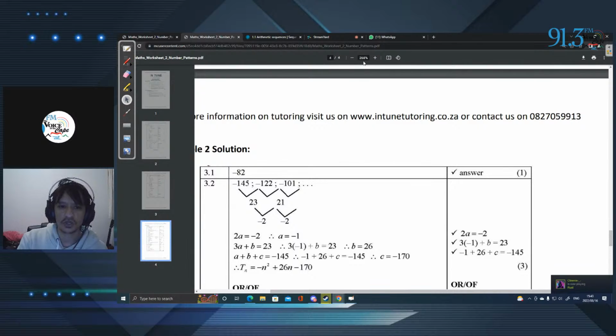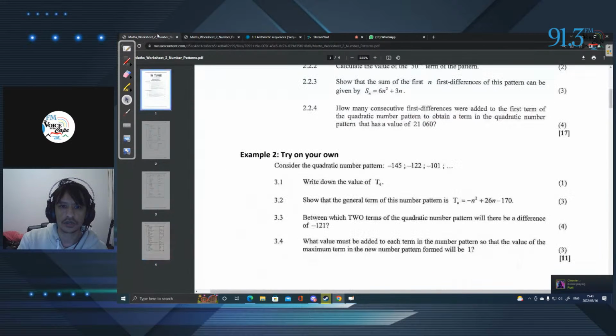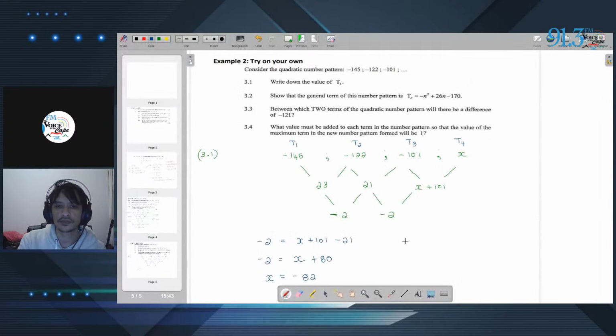Now we need to go on to question 3.2. Show that the general term of this number pattern is Tn equals negative n squared plus 26n minus 170. So we go back here. We've solved that, so let us first substitute the values we have found.